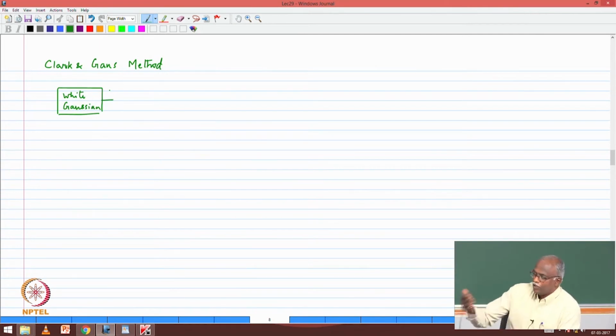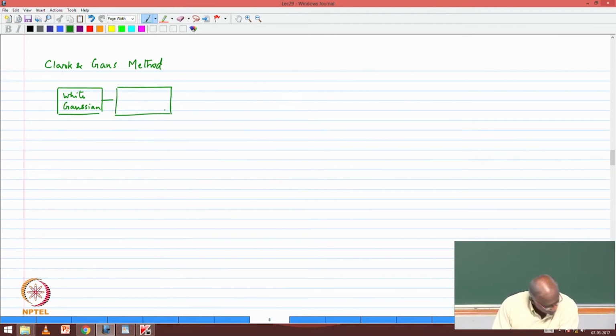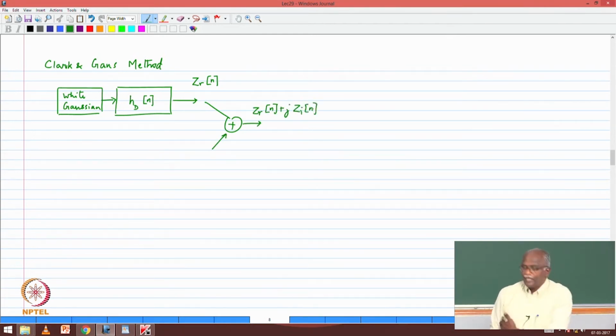White basically means it's uncorrelated from time instant to time instant. Pass it through an appropriate filter, H Doppler of n, and this would be the real part, and correspondingly obtain the imaginary part, and we get ZR of n plus j times Zi of n. Okay, that's the Clark and Gans model.